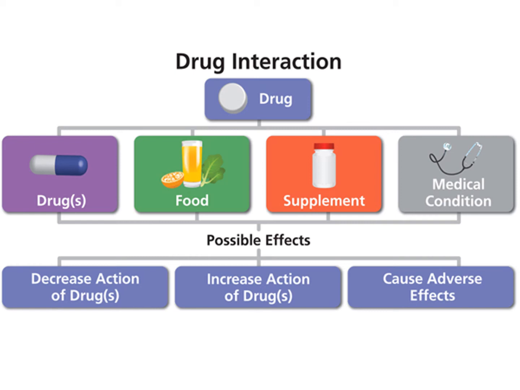Food. Some drugs are taken without food, some are taken with food. Some are better absorbed without food, for example iron, as a supplement or as a pill for anemia, but it's hard on the stomach.